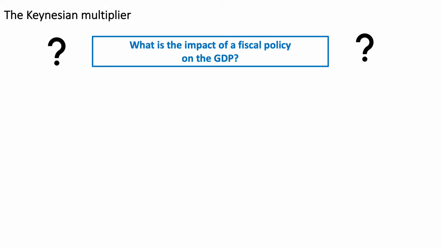In this situation, policymakers may want to increase activity through a stimulus policy. The impact of such a policy on production can be measured using the multiplier. The multiplier therefore answers the following question: what is the impact of a fiscal policy on the GDP?